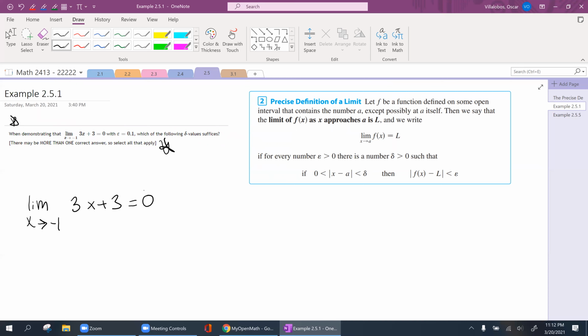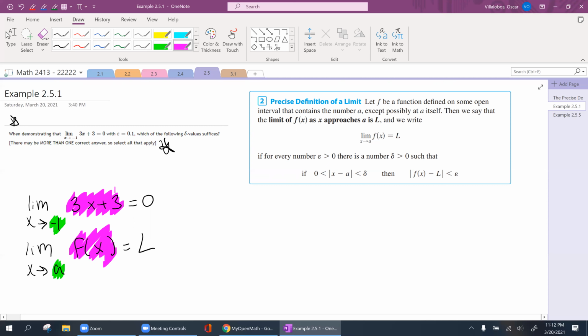So what I'm going to do now is this here, which is exactly the limit as x approaches a of a function equals L. In other words, a is this -1, my function is this here, and my L is the answer.